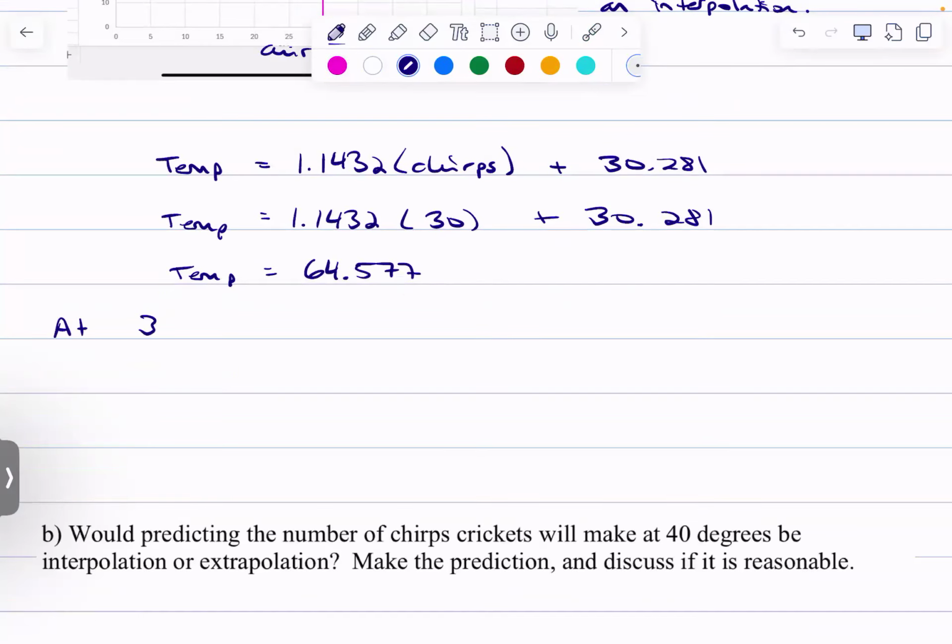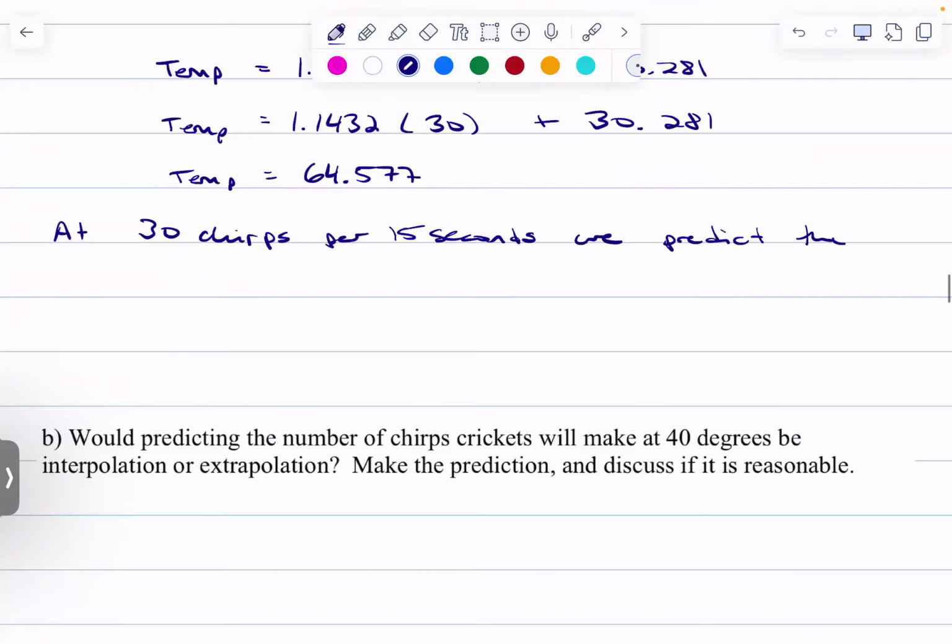At 30 chirps per 15 seconds, we predict the temperature is 64.577 degrees Fahrenheit.